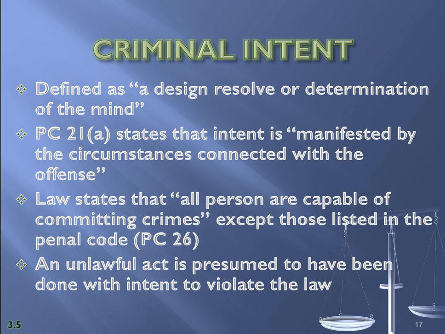Intent is a mental element of the perpetrator or the suspect, often referred to as mens rea, or the guilty mind of the individual who fosters the criminal intent. Now, not all crimes require the same intent.